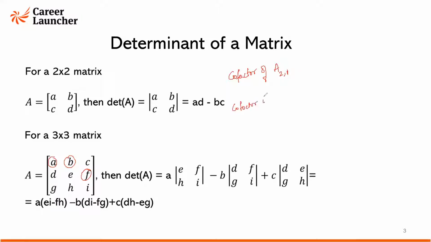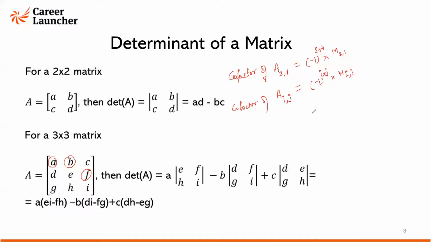Cofactor of a i,j is given by (-1) to the power of i plus j into the minor of i,j. Here it is (-1) to the power of 2 plus 1 into the minor of 2,1. This is called the cofactor of an element.